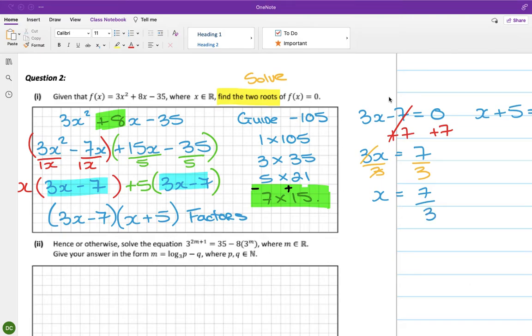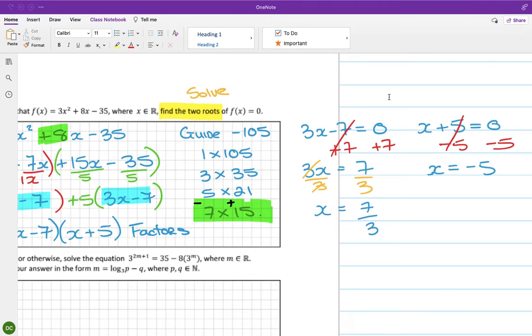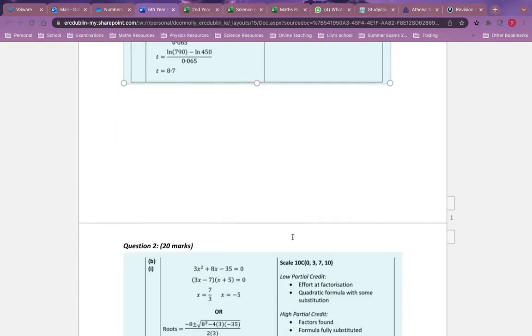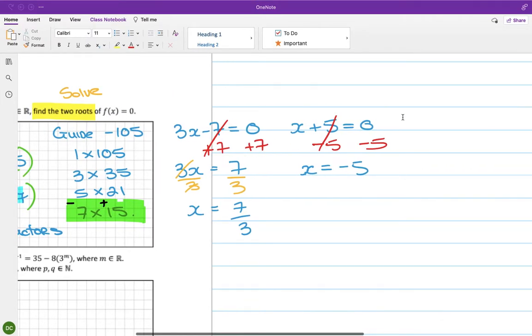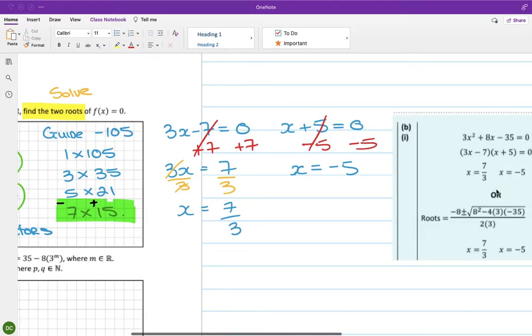And then this side, minus the 5, and x equals minus 5. Sorry, it's a little bit tight there. So that's what I'm getting, 7 over 3 and minus 5. Yep. So there it is there. And again, 10 marks.